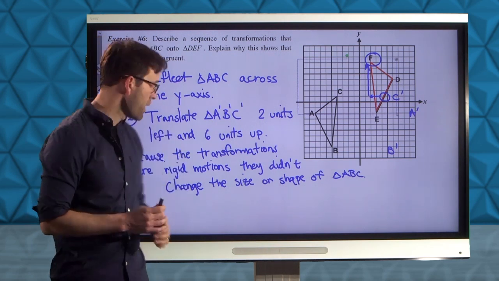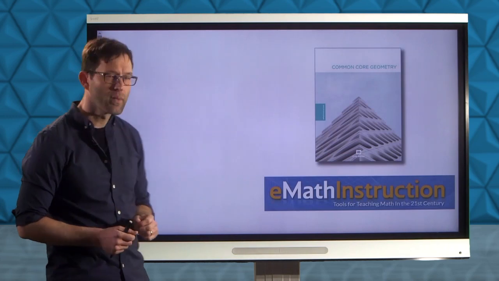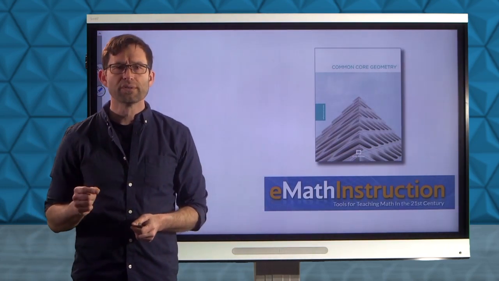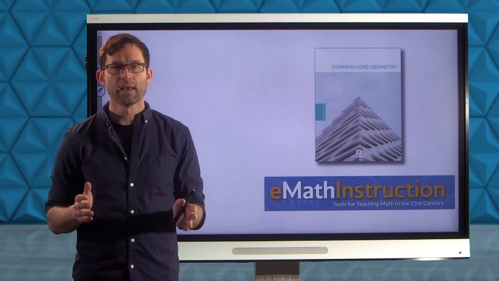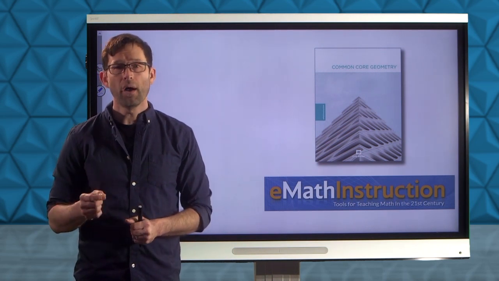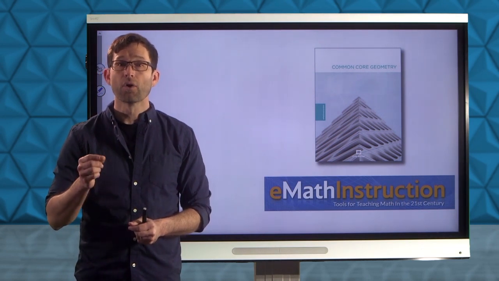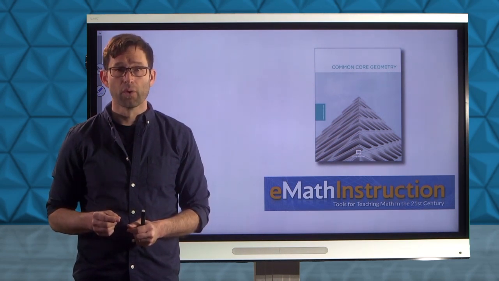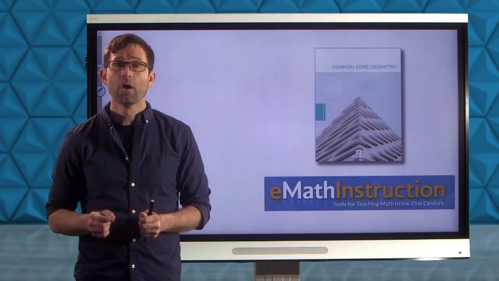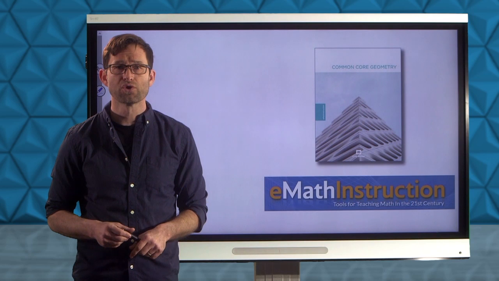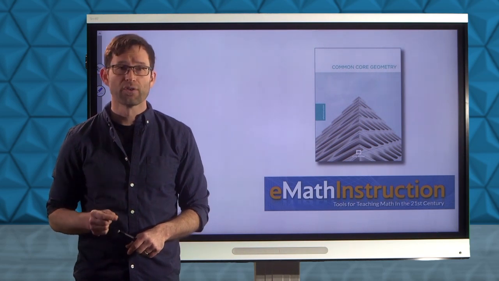All right, let's do a wrap-up. In middle school, you learned that congruence is all about objects having the same size and shape. For us, it takes a little bit more of a mathematical bent to it when we say, in order to prove that two things are congruent with transformations, we have to find a sequence of rigid body motions, or just rigid motions, that maps one figure onto another.